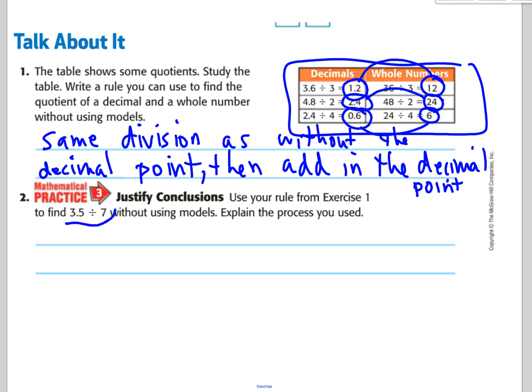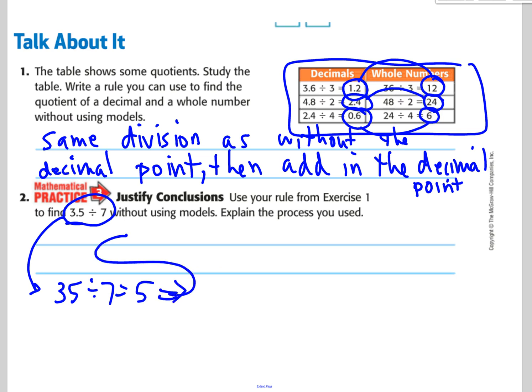So if I'm going to do 3 5/10 divided by 7, what I would do is 35 divided by 7 is 5. So then I know 3 5/10 divided by 7 would be 5/10.